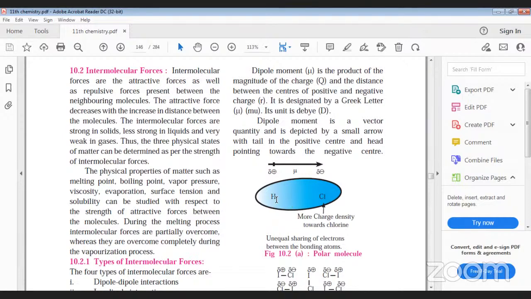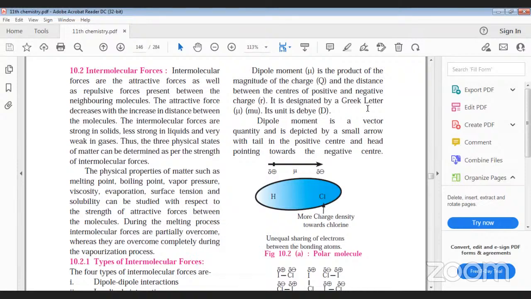The formula for dipole moment is the product of the charge and the distance between the two charges, or two centers. Now, hydrogen is the positive center and chlorine is the negative center. So between these, how much is the charge? How much is the distance? That distance is multiplied by the magnitude of the charge. So it is called the dipole moment.